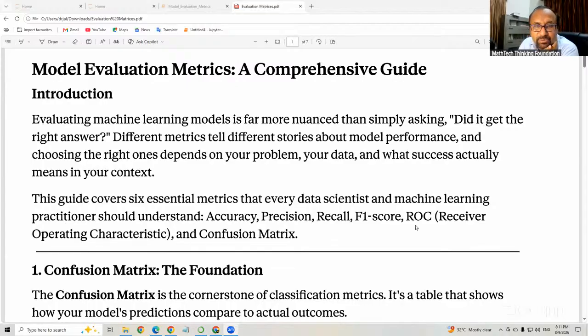Dear participants, today the main core part of machine learning is, when we have established any model, the challenge of model evaluation metrics. So here I have prepared a complete and comprehensive guide. Following this, after taking an overview of what is required and which types of tests there are, we will also demonstrate with the help of a Jupyter notebook.